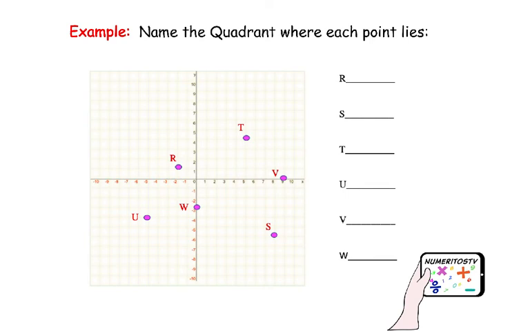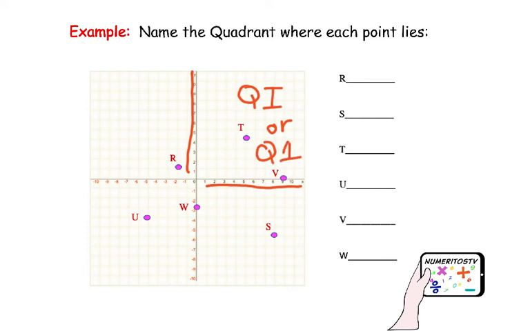They can also ask you about quadrants of these ordered pairs. So let's do these examples. Name the quadrants where each point lies. To refresh your memory, where both x and y are positive, that will be your first quadrant. Remember, sometimes they use Roman numerals. Sometimes you will see it with numbers.